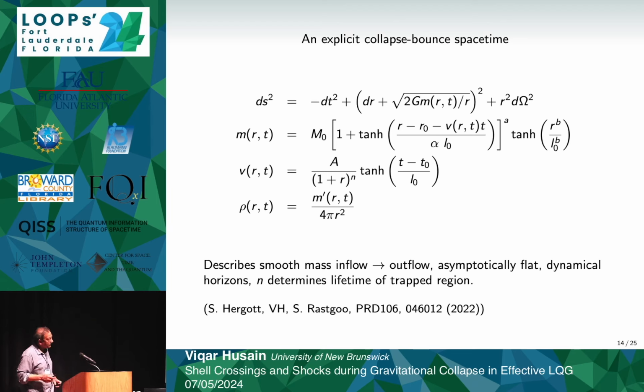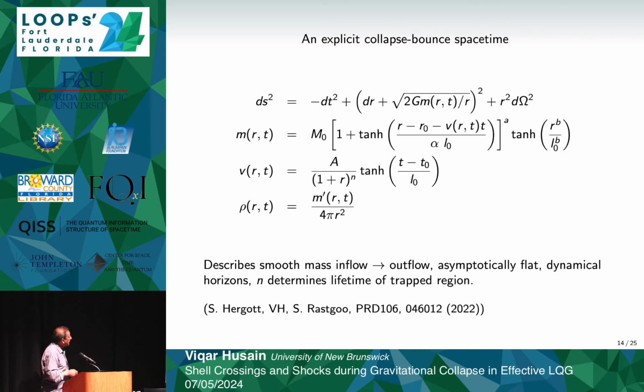The reason it's cooked up like this is that what this describes is a mass function flowing in, turning around, and then going back out. The velocity determines how fast the mass function comes in and how fast it goes out. One of the things I want to point out is this parameter n here, which controls this velocity, through r minus r0 plus some vt.